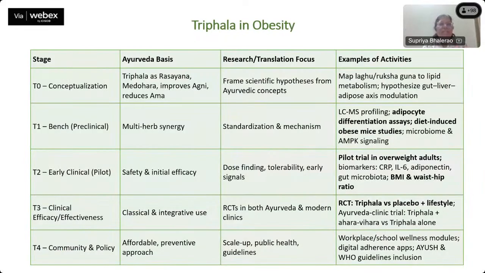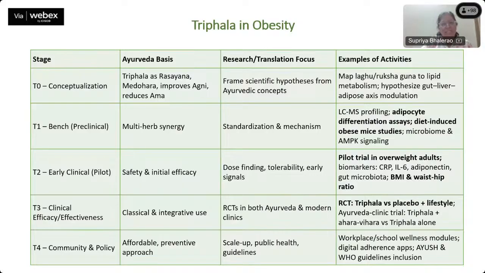Now, let us take the example of Triphala in obesity. If we have to go through all these stages, then T0 will be the basic stage, which will be just conceptualization, where you frame a scientific hypothesis from an Ayurvedic concept. T1 will be preclinical studies, where you can study in vitro or in vivo.